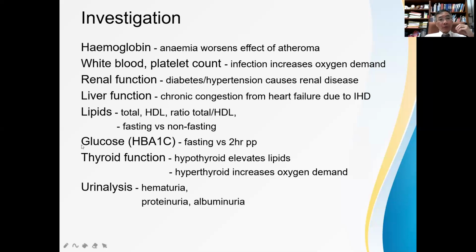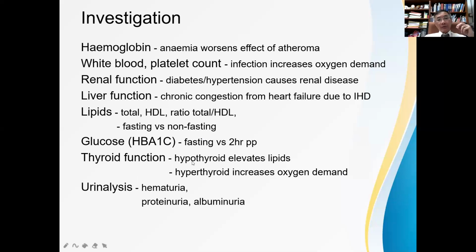Now, glucose is important to diagnose diabetes, and there are parameters for the fasting glucose and for the 2-hour postprandial glucose, which will tell us whether a patient is diabetic, has impaired glucose tolerance, or is normal. Similarly, the HbA1c level will also help us determine whether a patient is diabetic.